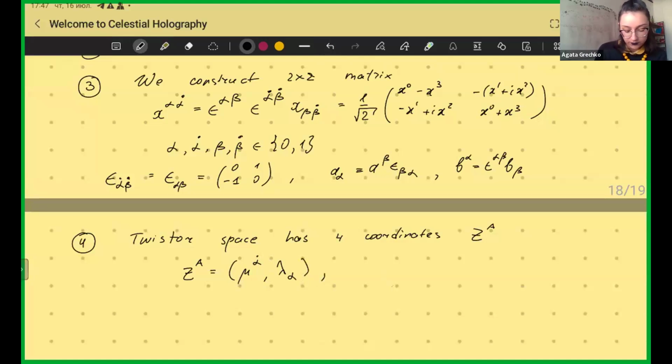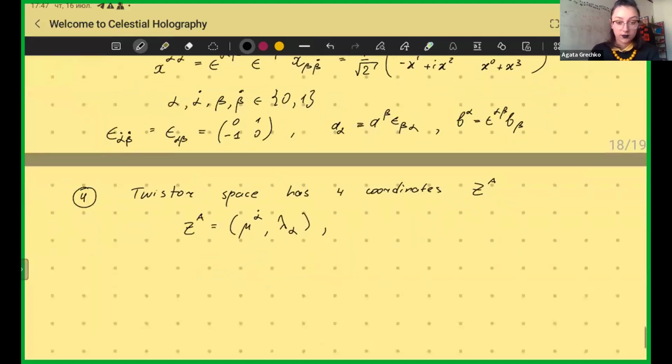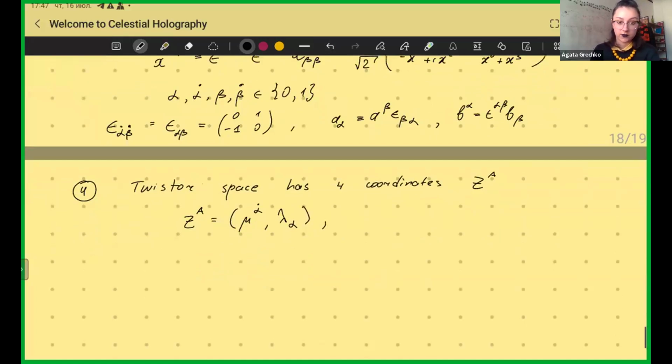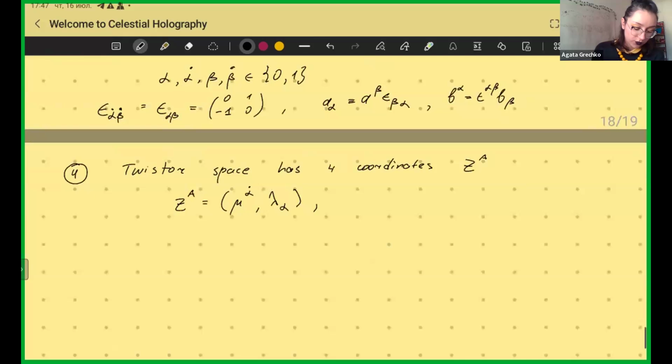And these variables are connected in a non-trivial way with the Minkowski space coordinates.